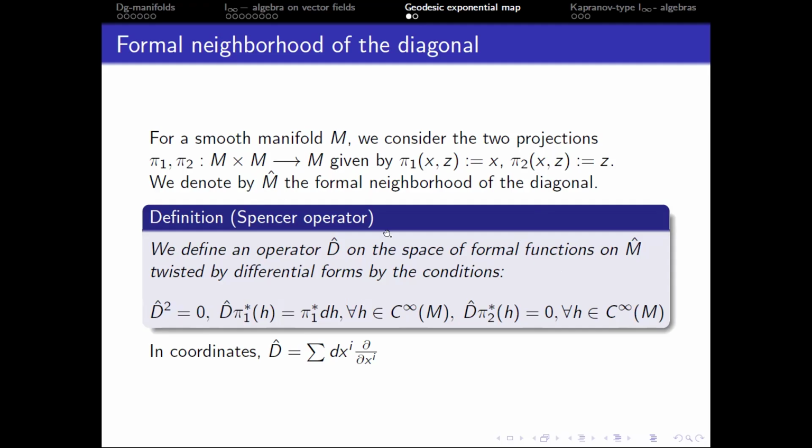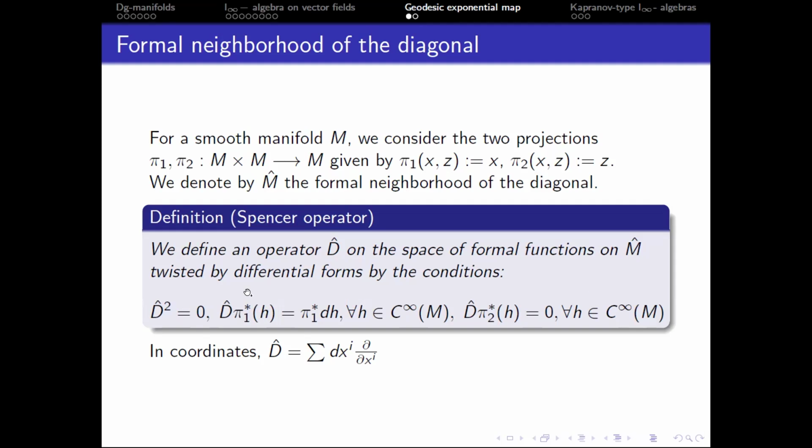And now, if we consider this space of functions on this formal neighborhood twisted by differential forms, we can define an operator which is going to be nilpotent, and it's given by these prescriptions here.